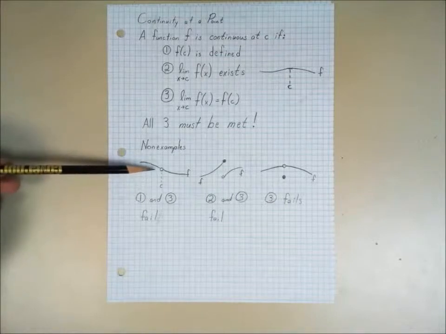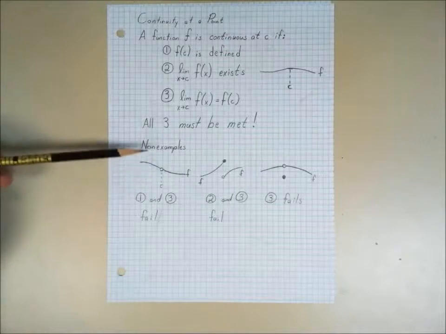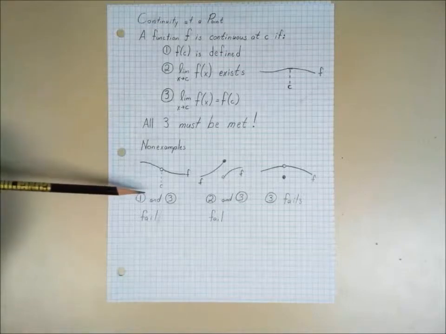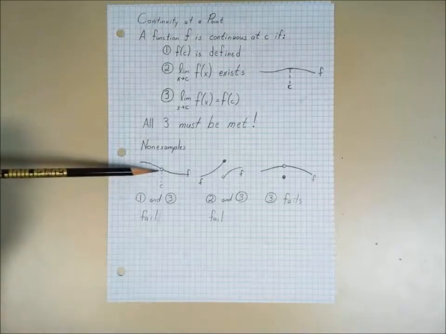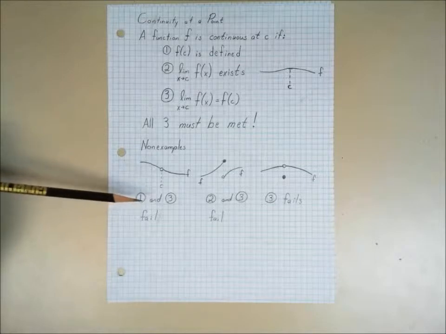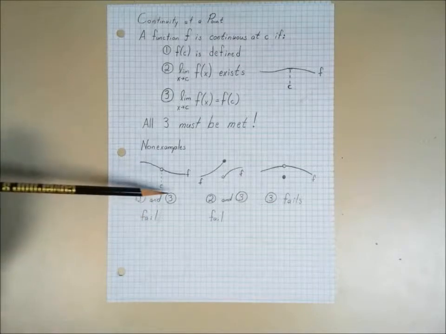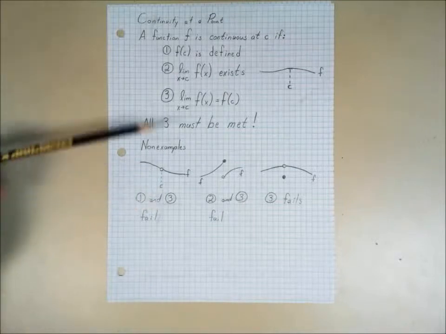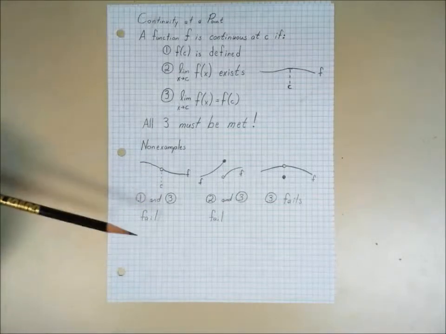This is an example where the limit exists because it's approaching the same value from both sides. So when you were solving problems like number 2 earlier, you would say it exists and you have to find what that value is. But since 1 fails, 3 has to fail. If f of c is undefined, there's no way it can equal the limit. So 1 and 3 fail.